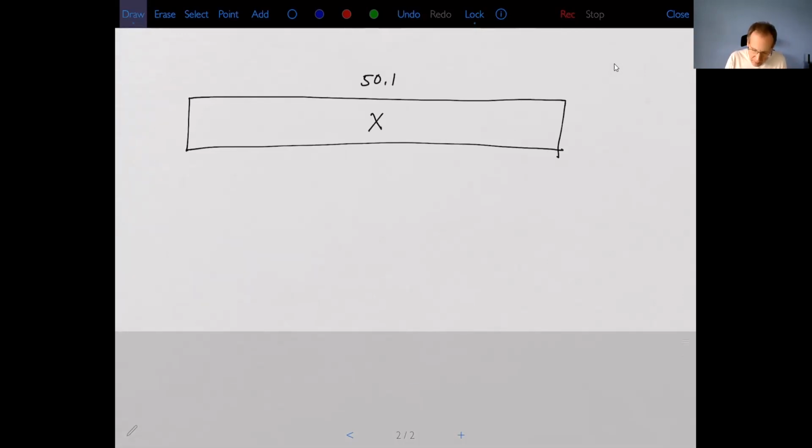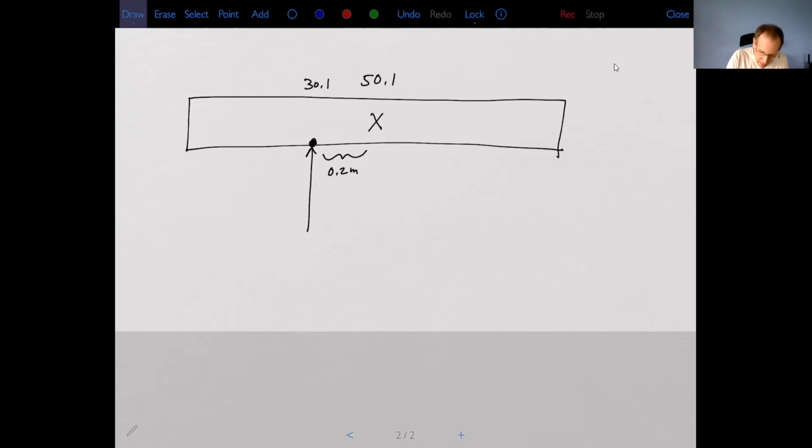Now I'm going to set this up so that the knife edge is 20 centimeters to the left of the center of mass. So this is 0.2 meters. And I'm going to assume that the axis of rotation is right at the knife edge, right at the stand. So basically what I did was I put this knife edge at 30.1.